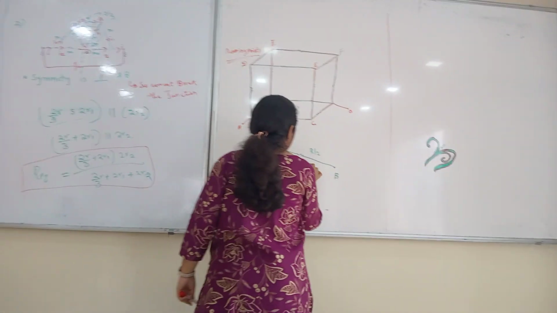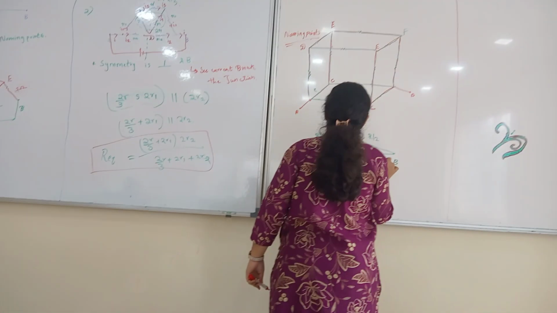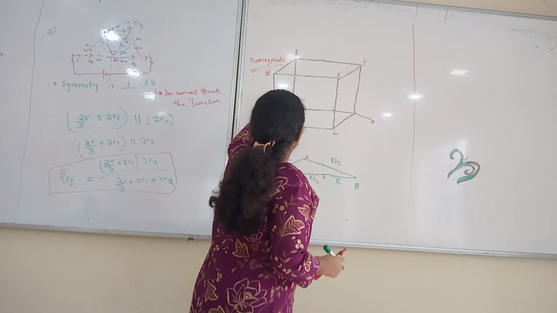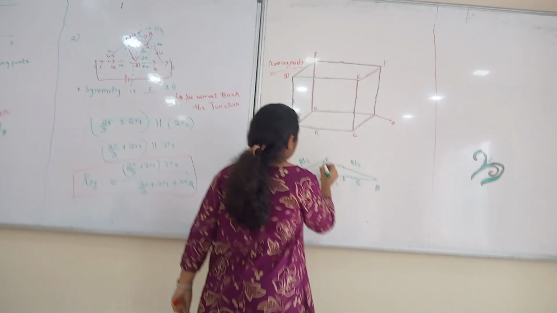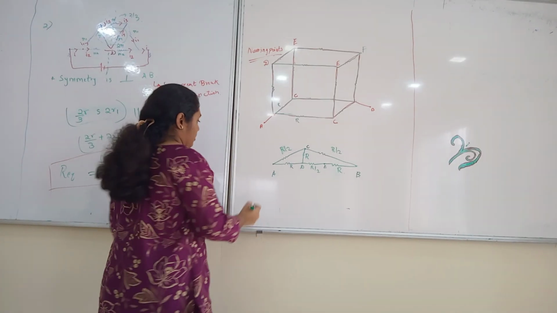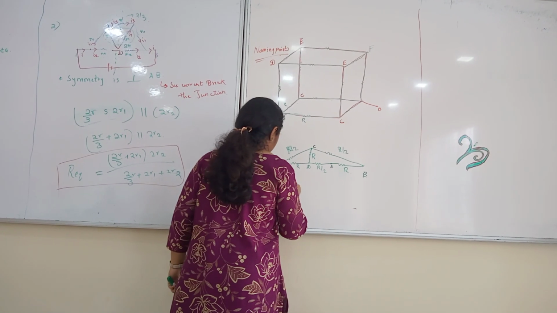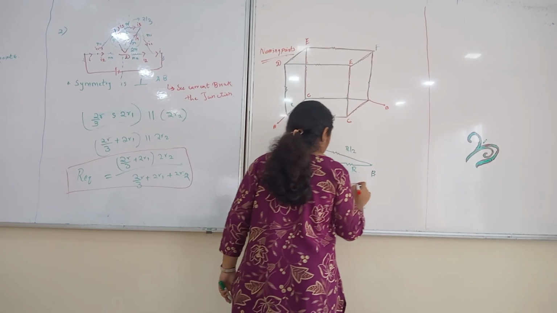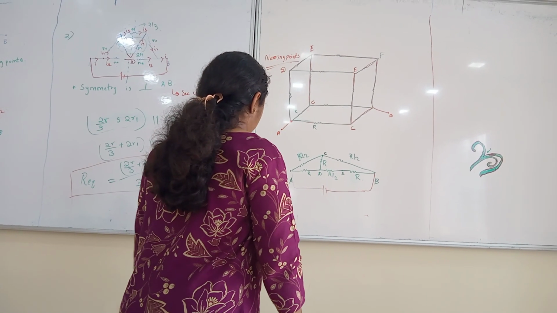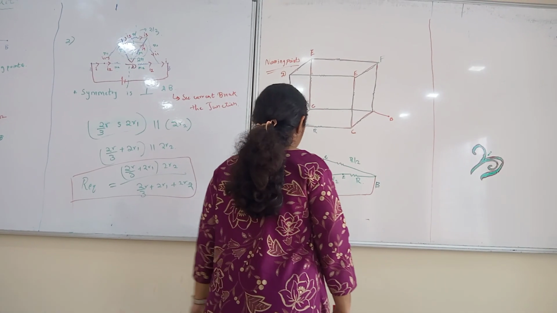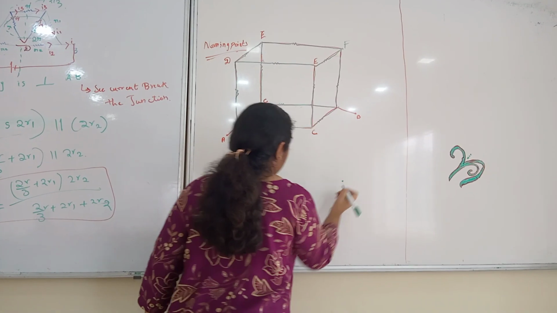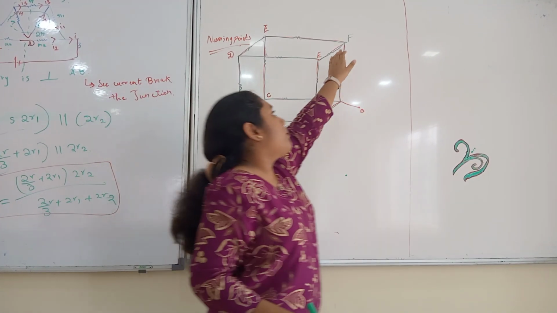BE, we have a resistor R. Okay. Then CD, we have R. This is the circle. We will draw a metal. Pause. Once again we will redraw as I have left point F.